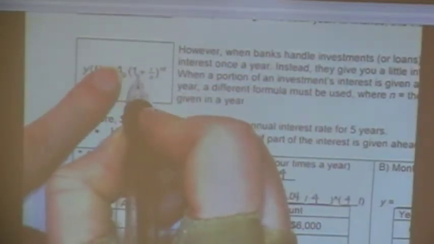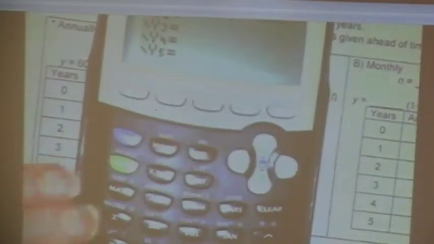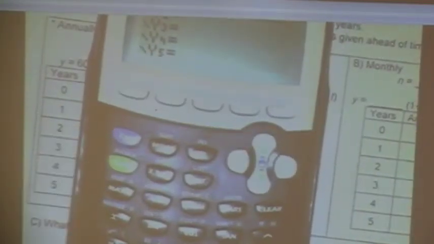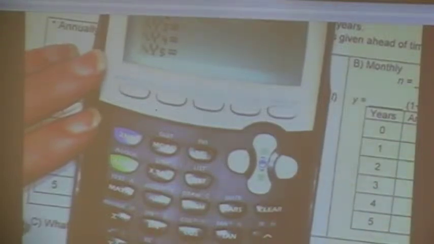Your initial amount, 1 plus the rate, you do have to move your decimal, divided by the number of times that they pay you, and this is the same N value down on the bottom as up on top. So I'm going to plug that in my calculator. The initial amount is 6,000. 1 plus, I'm going to use the fraction bar, 0.04, because it's 4%, 4 times a year, raised to the 4x power.